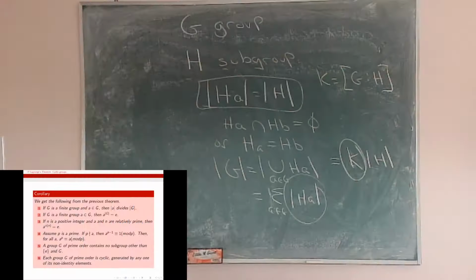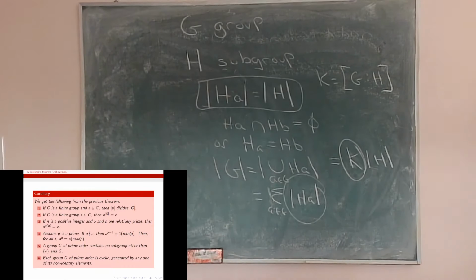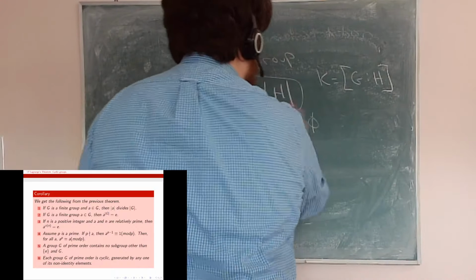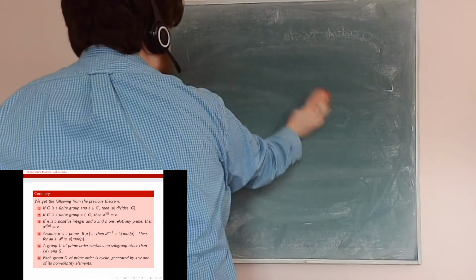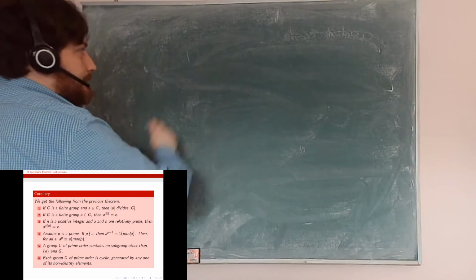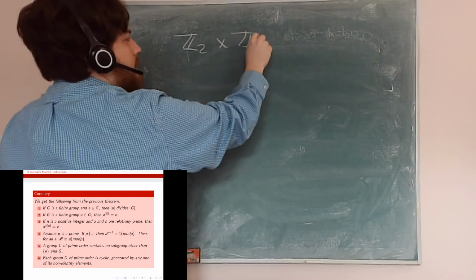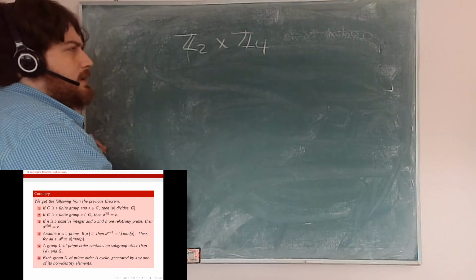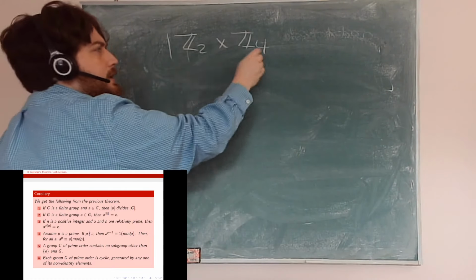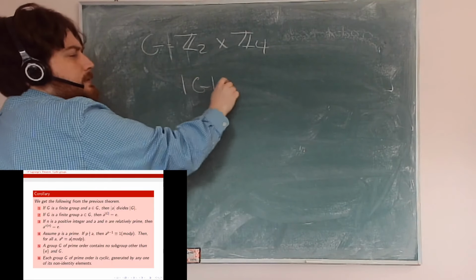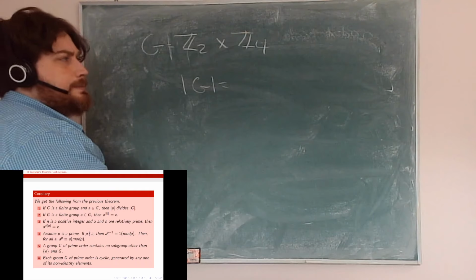So let's look at Z2 cross Z4. What I want to know is, what is the cardinality of Z2 cross Z4, or what is the order of that group?